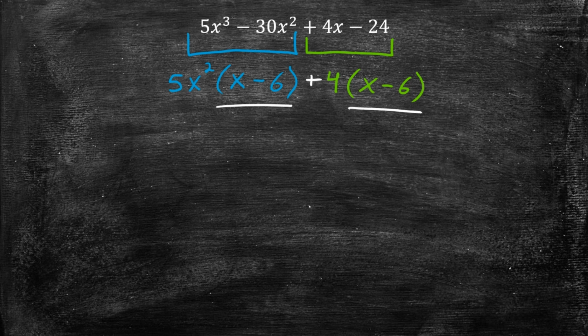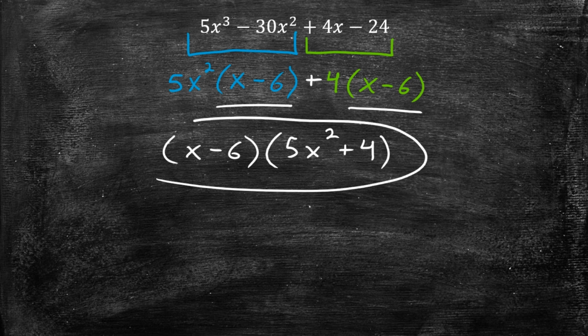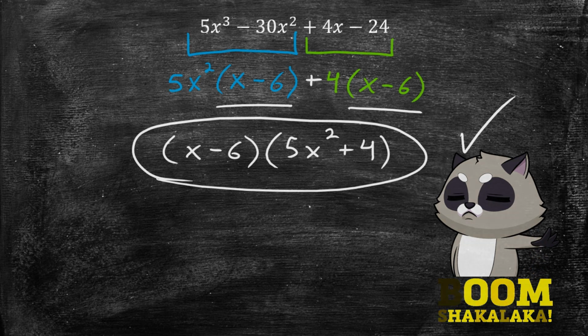So that means I can go ahead and factor that out of this new equation that we found right here. So when we do that, what we have is x minus 6, because we factored that out. And then what we have left is just those two numbers. So we got 5x squared plus 4. All right, so this right here is our answer, and this example is complete.